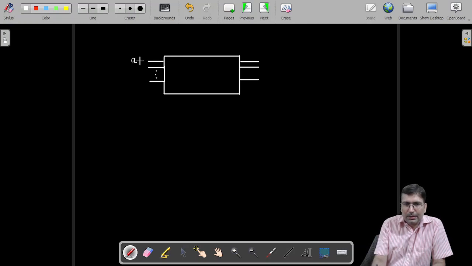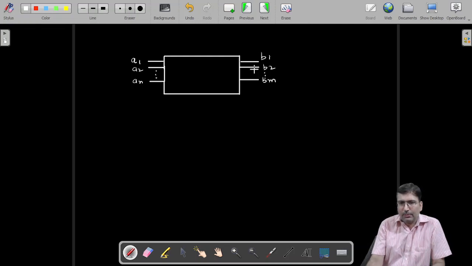You can take any name like A1, A2 or I1, I2, if you feel like, I1, I2, IN. And for output you can take O1, O2, ON. I'm taking here B1, B2, dot, dot, dot, BM. So M number of outputs we are getting.